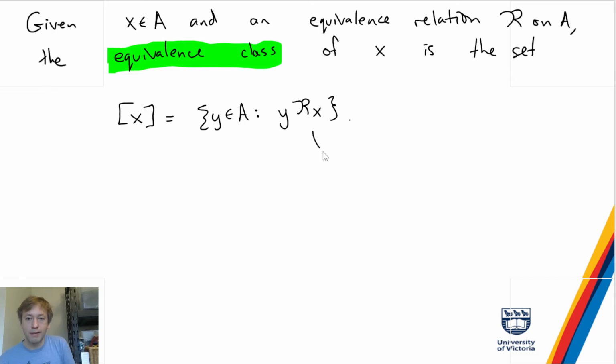So hopefully you remember what this notation means. I might switch between different notations as we go along, just so that you can get used to both of them. But y R x, remember, just means that (y, x) is in the relation R. These two things mean exactly the same thing, so you should be used to both notations.